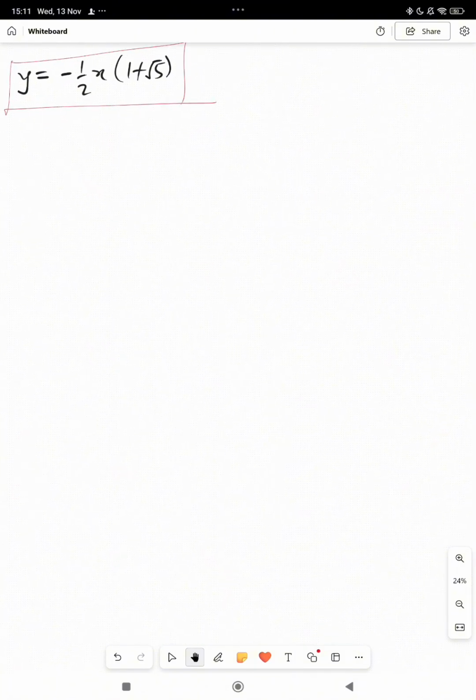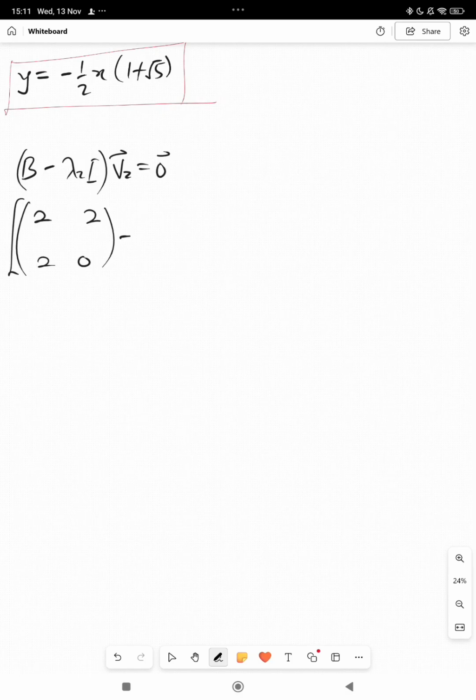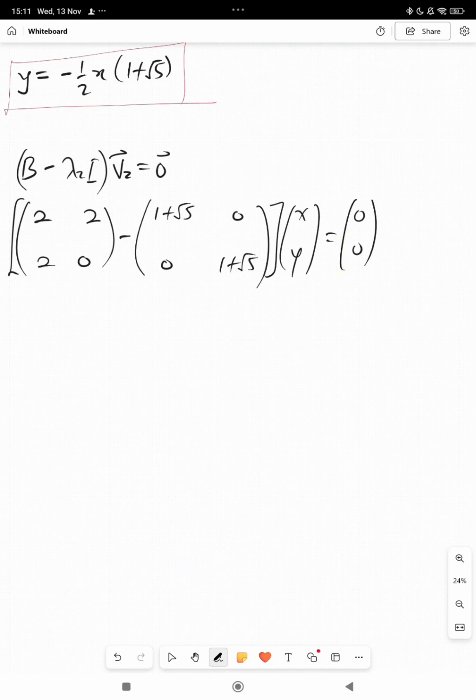So we find the next eigenvector. We have B minus lambda 2 I, V2, equal to the 0 vector. So we have 2, 2, 2, 0 minus 1 plus root 5 on the diagonal, multiplying our x and y, giving us 0, 0.